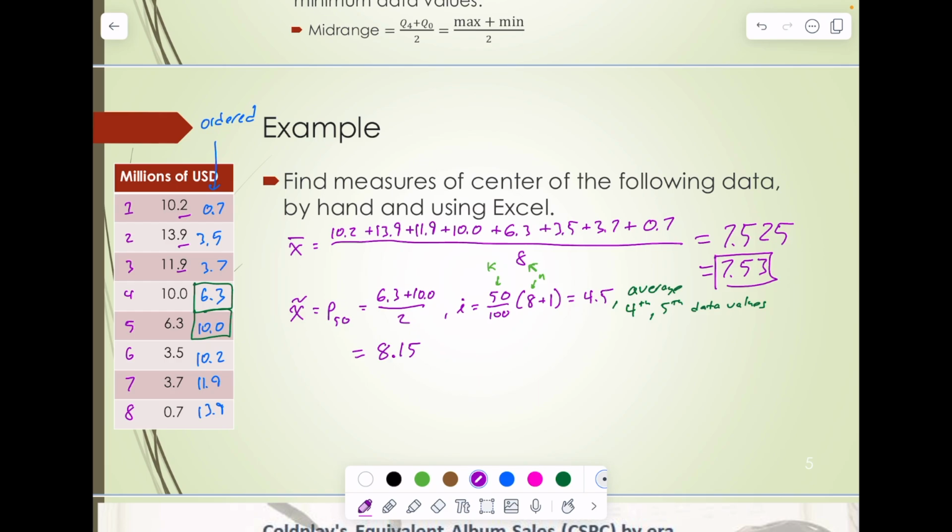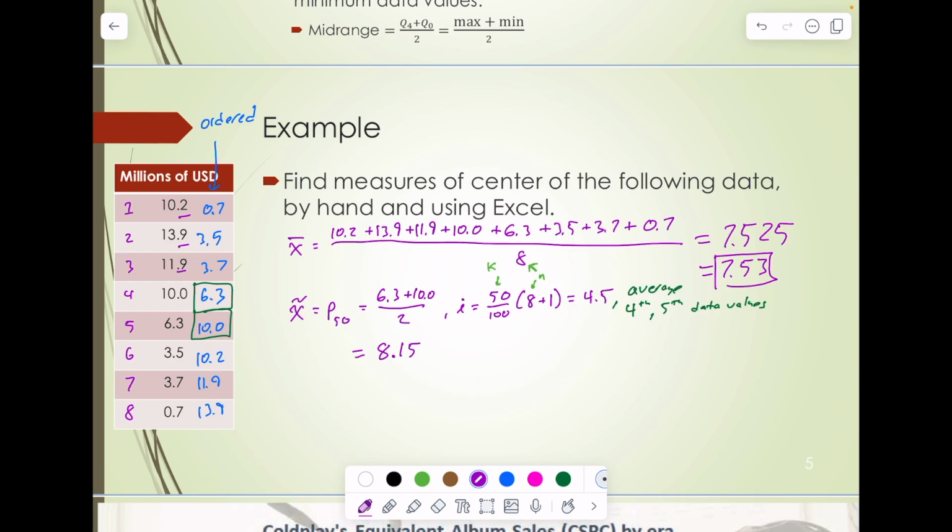Since 4.5 is not an integer, I'm looking to average the 4th and 5th data values. I organize my data in order. That's what I did in the blue. And I find the 4th and 5th data values of my sorted data. And that gives me 6.3 and 10.0. I average those two and arrive at 8.15. And so that's the median.